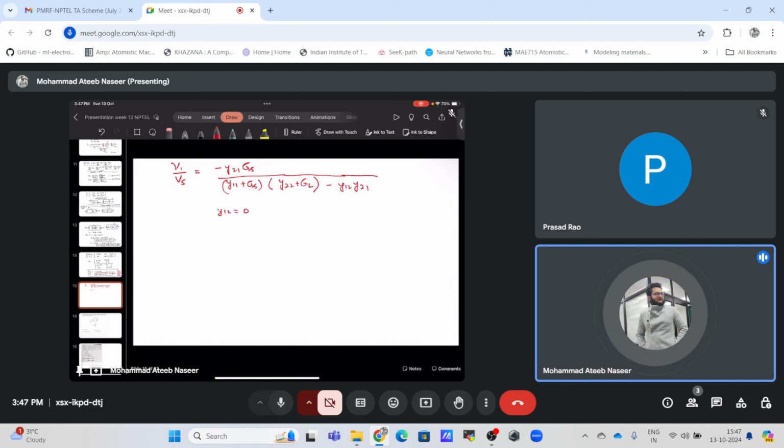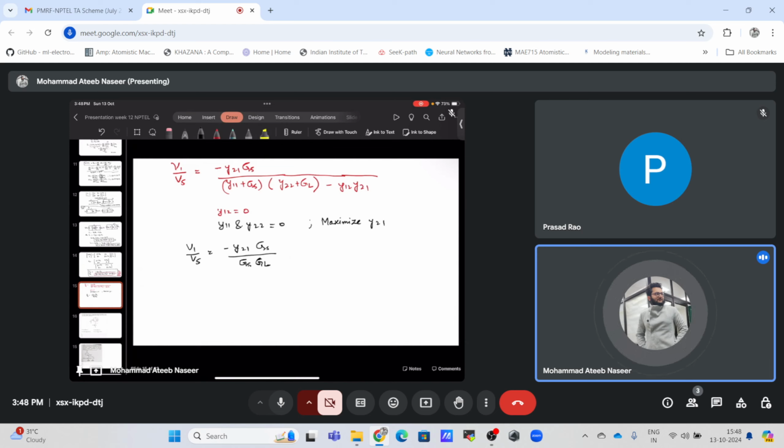Okay, we should have a circuit like this. For ideal conditions, we want this Y12 to be equal to 0, and also Y11 and Y22 to be equal to 0. Okay, so if we have all these things equal to 0, and also we want to maximize Y21, then V1 by Vs will be simply minus Y21 Gs times Gl.